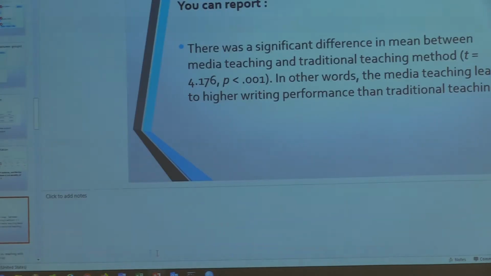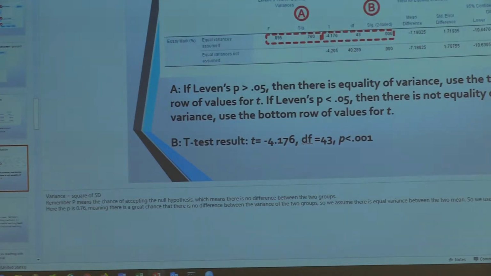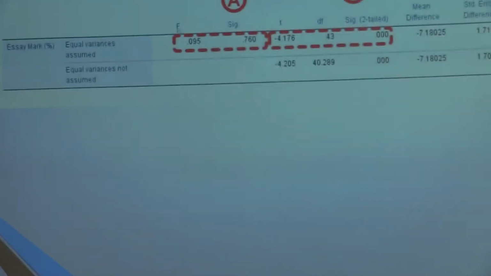Maybe I'll explain to you again. In the F test, usually we look for the F value, but the F value is something you're not interested in. You're always interested in the significance value. Sig means P. Significance means P, so you always look at significance and just ignore this.